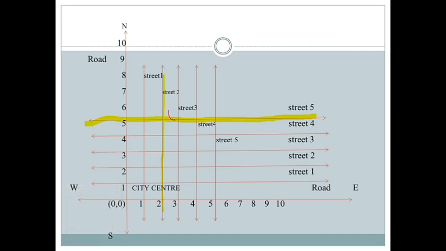So the crossing where they are meeting we call 2 comma 5. So here we will name it 2 comma 5. Okay, so it is given this is the crossing where they are meeting, and it is given the name 2 comma 5.